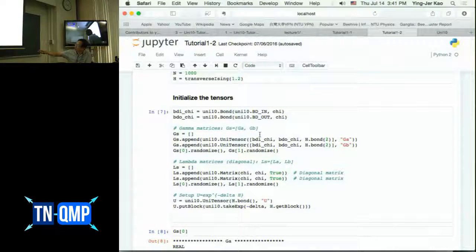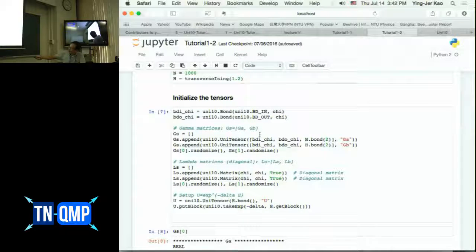So it has one incoming bond, one outgoing bond, and we just take one bond from the Hamiltonian. So this is just to make sure that when I connect these two, the dimension will be right. Okay, so this is some trick that we use. And we initialize these bonds, initialize these tensors, and we also define the lambda matrices.